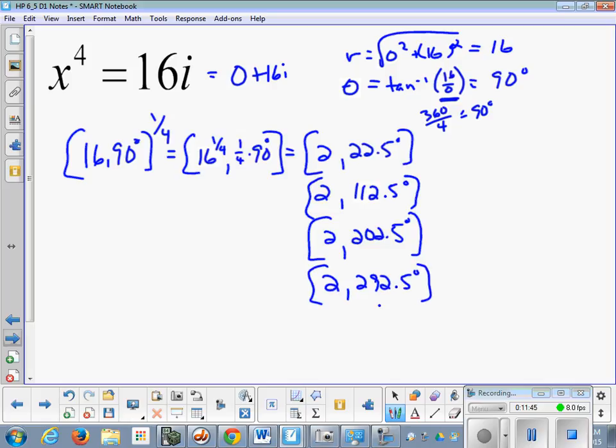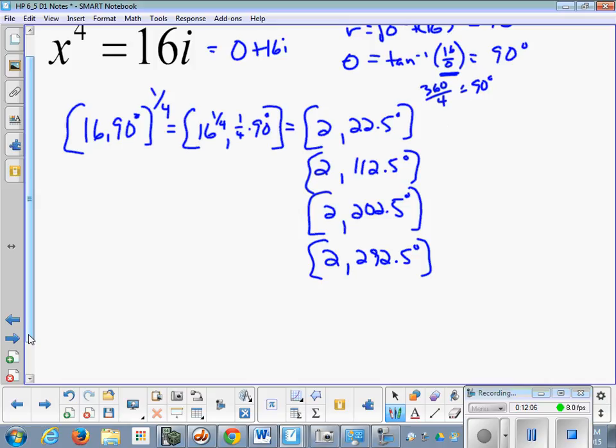And interestingly enough, if I were to add 90 again, I would get 382.5, which we see is the same as 22.5. So we did stop at the right spot. All right, so we've got that shortcut pretty good. We don't have to write anything down here. We can go right over and come down this column.